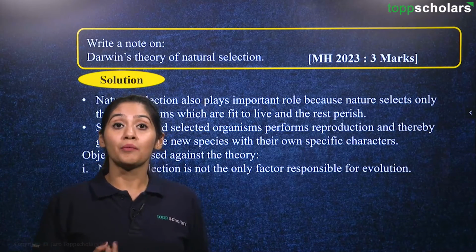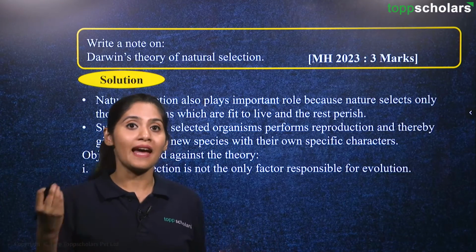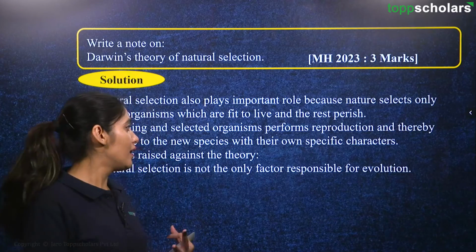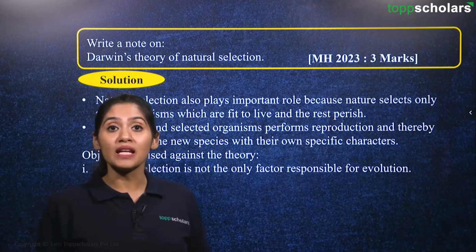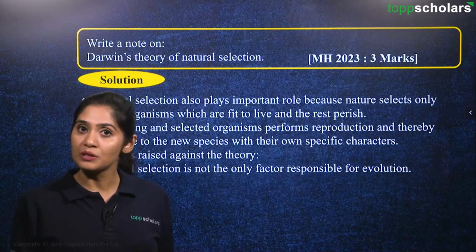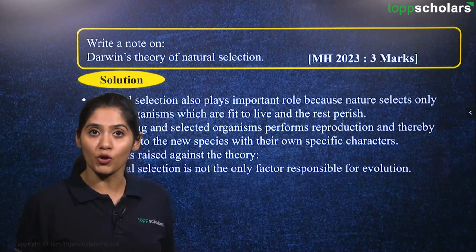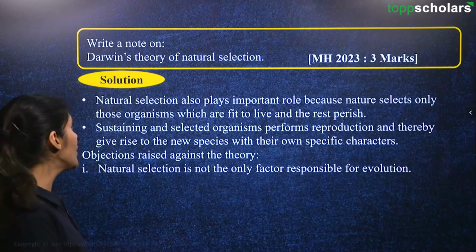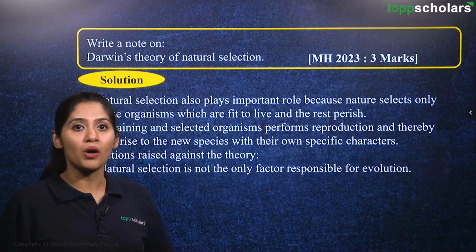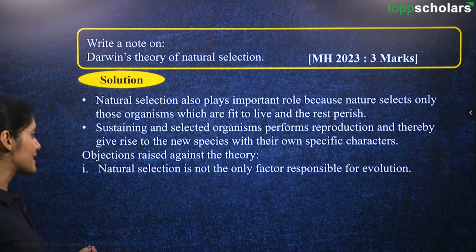Because of environmental factors, certain characteristics were picked up, environmental changes contributed to evolution, and there has been crossing between two different species which gave rise to a newer species as well. So natural selection is not the only factor responsible for evolution, and therefore this does not answer all the questions about evolution. Therefore this was an objection raised against this theory.